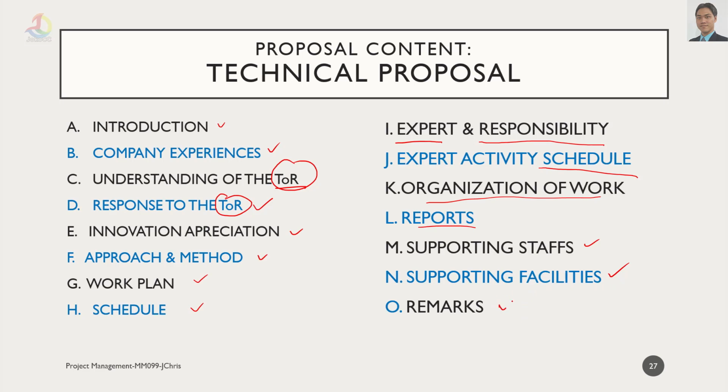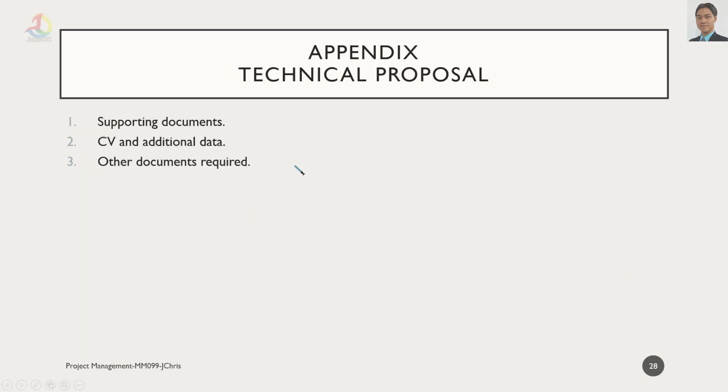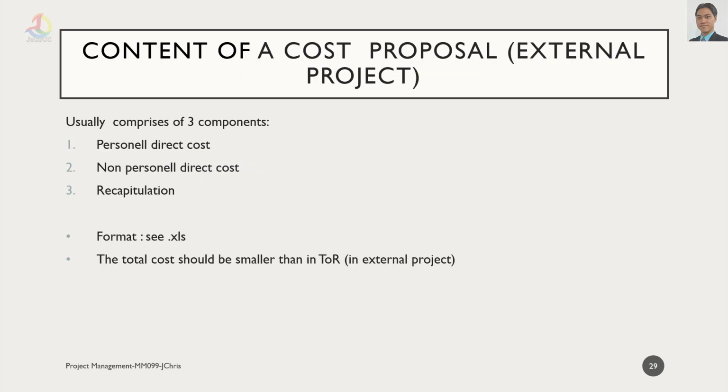And the end will be remarks. Appendix of the technical proposals will be supporting documents that connected to the projects, and then the curriculum vitae and additional data of the bidder, and maybe some other documents that are required. Usually when you're bidding a project for government or big organization, they ask for many supporting documents.